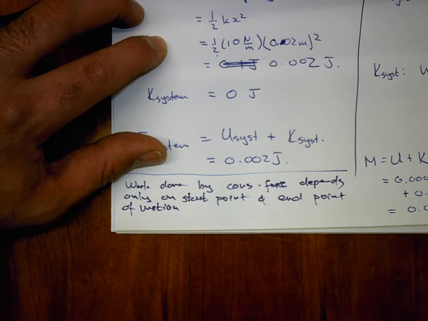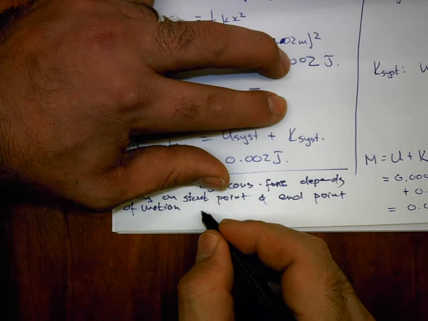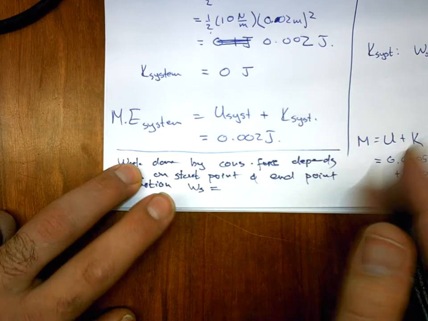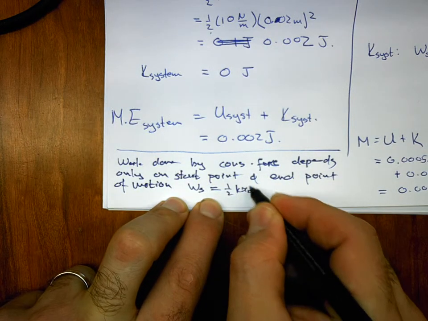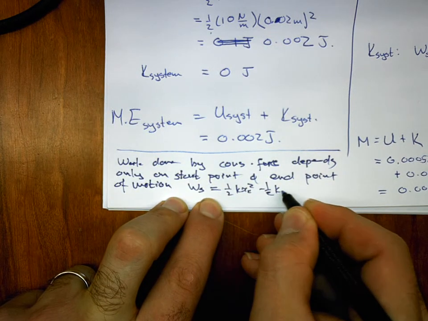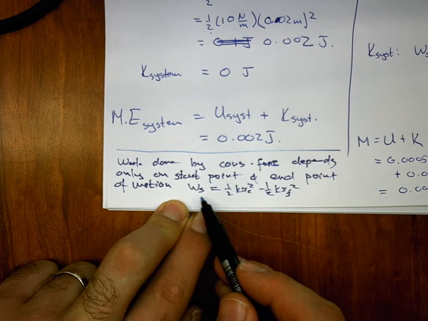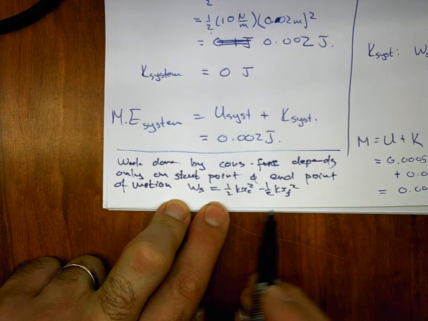So we already have two examples of this. We know that the work done by the spring force is, for example, a half k x initial squared minus a half k x final squared. So the work done depends only on where we start and where we end. Doesn't matter what happens in between, really.